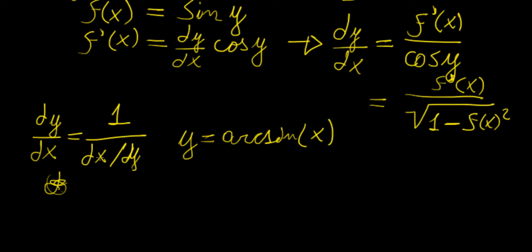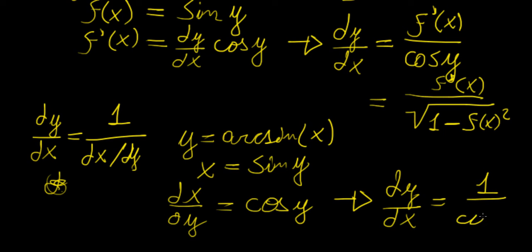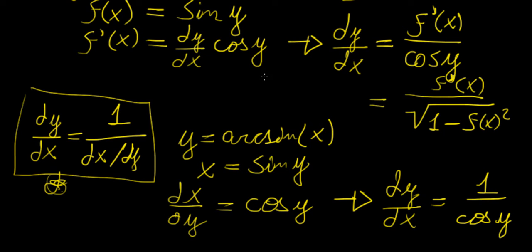So if we make x the subject, that's going to be x equals sine y. Now if we take dx/dy, that's going to be cosine of y. And this is going to lead to dy/dx equals 1 over cosine y, which is what we had in the beginning. But just doing this, applying this formula, basically cuts down the step of using implicit differentiation to rearrange the terms. So it is a bit quicker. So this is the general formula you would use for an inverse function.